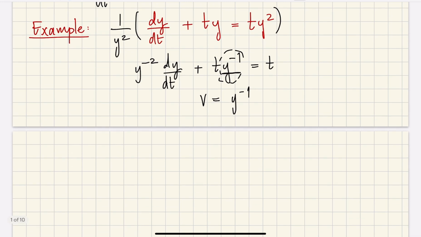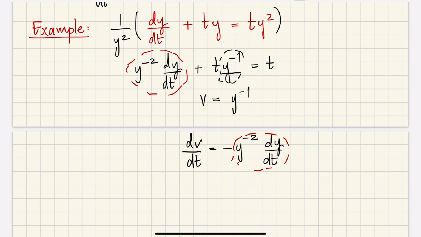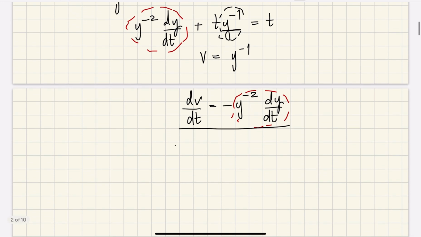So then dv over dt is negative y to the power minus 2 dy over dt. Now we just want this to match this. So I'm going to divide all of this by negative 1. So you get negative dv over dt is equal to y to negative 2 dy over dt. Now we can make a substitution.